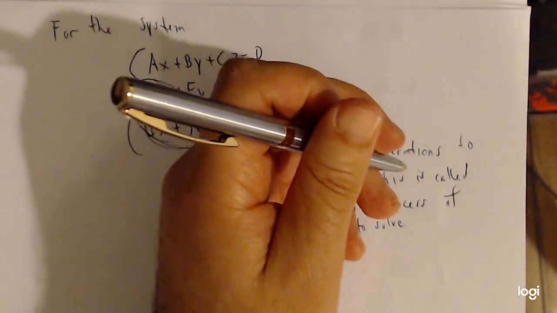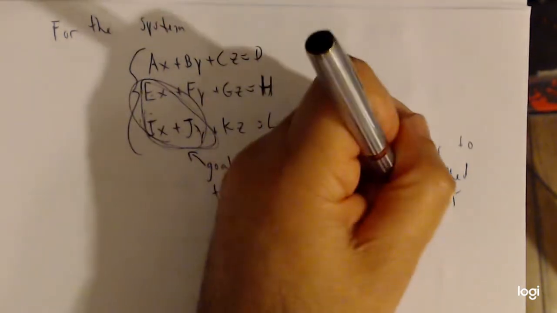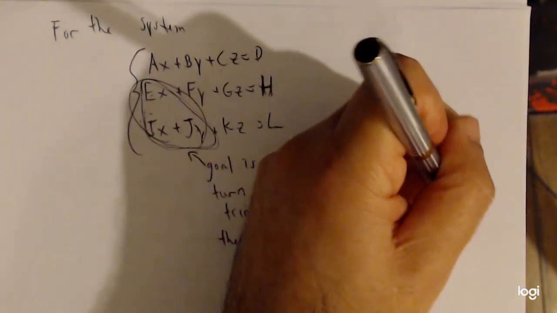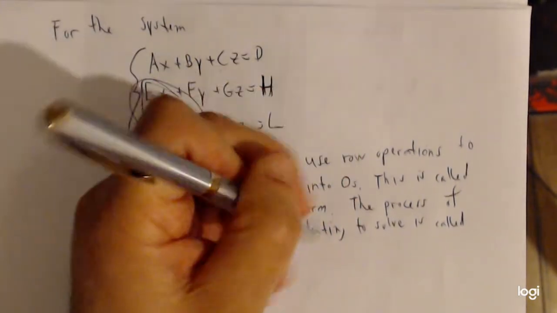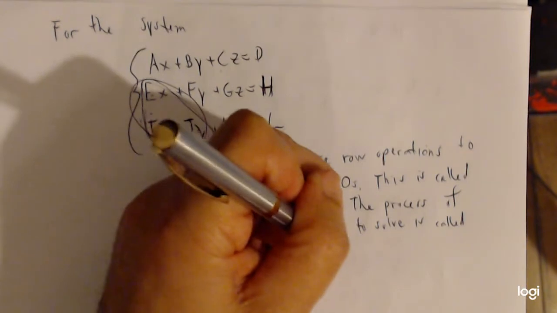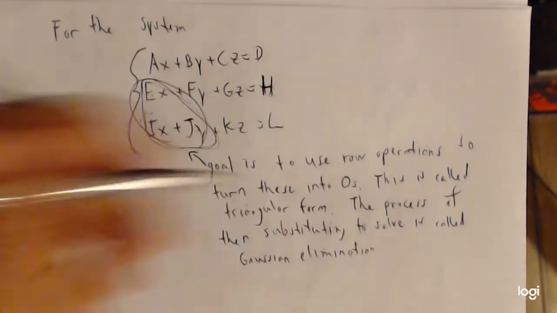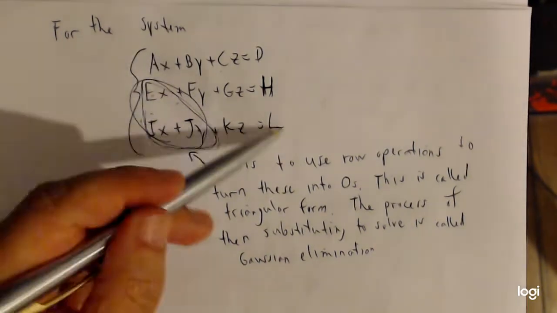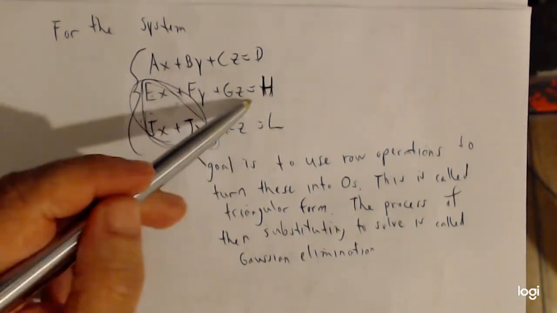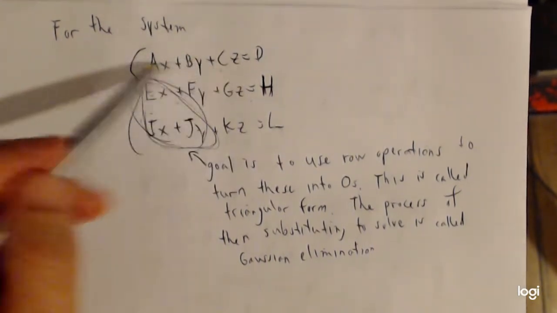That's known as Gaussian elimination. So just keep in mind that when we say, hey, solve this using Gaussian elimination, all we want to do is turn these guys into zeros, and then we want to substitute, solve for z, substitute, and then solve for y, and then substitute up here and solve for x.